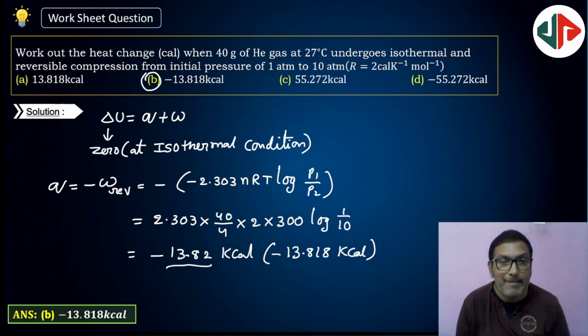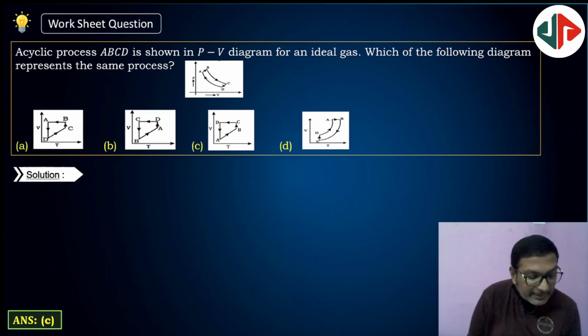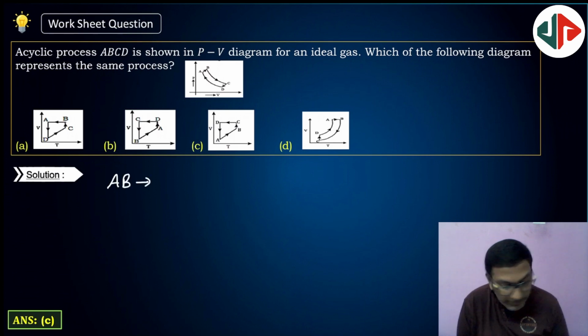Next. A cyclic process ABCD is shown in a PV diagram for an ideal gas. Which of the following diagrams represents the same process? Here given, AB is isobaric expansion.